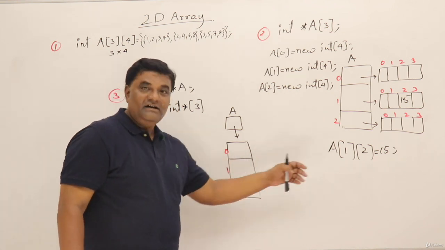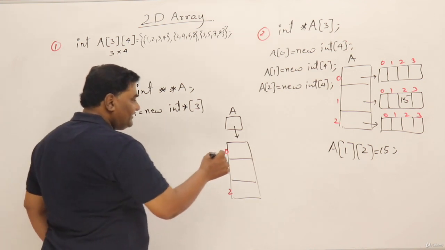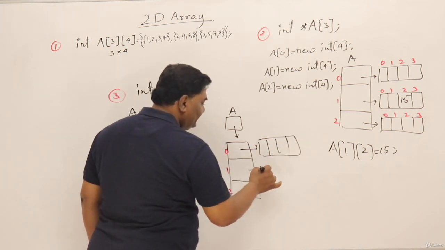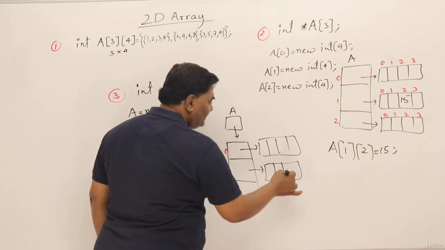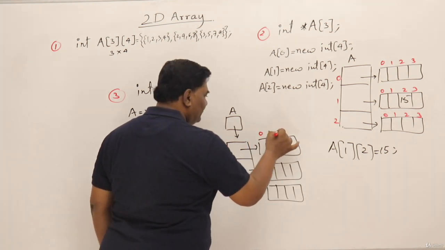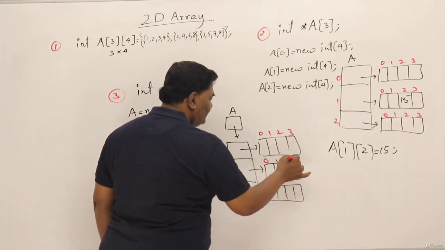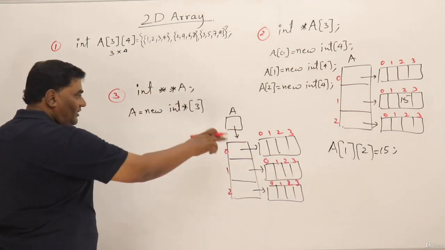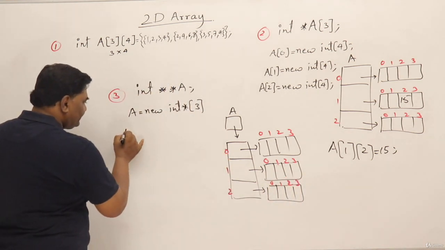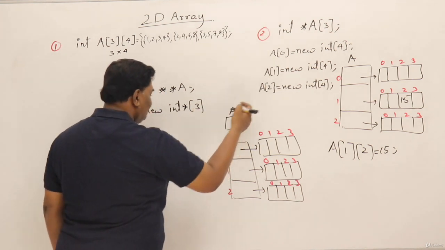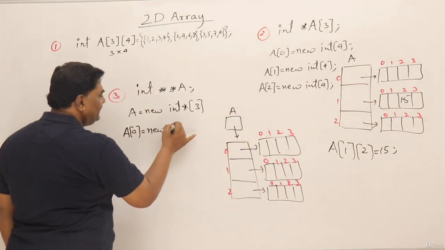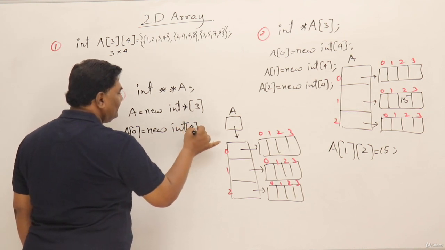Now I will prepare the other arrays. I have to create these 3 arrays and assign them to these 3 pointers. The indices are 0 to 3. Now, how to create those three? The same method as I did here: I should say a of 0 = new int of size 4.